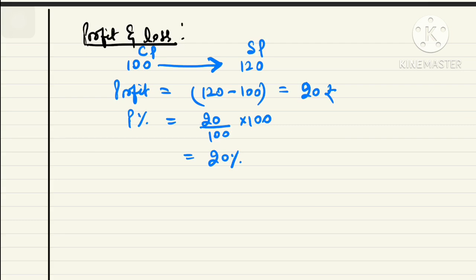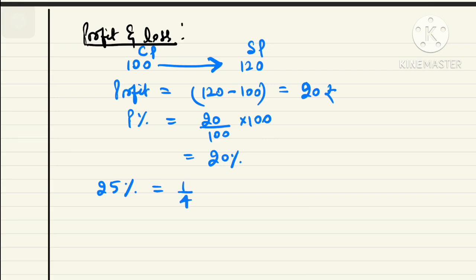Next, we need to understand how we can derive profit and loss from the percentage to ratio conversion, right? So as we know, 25% is 1 by 4.